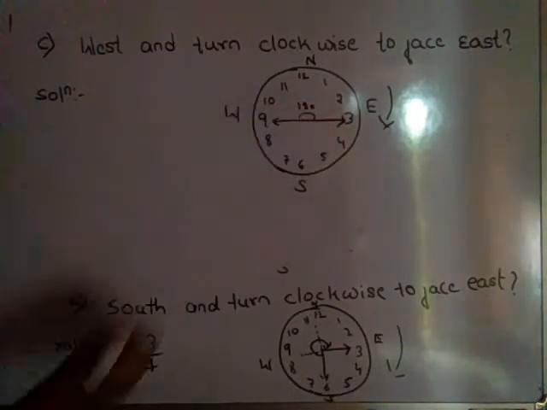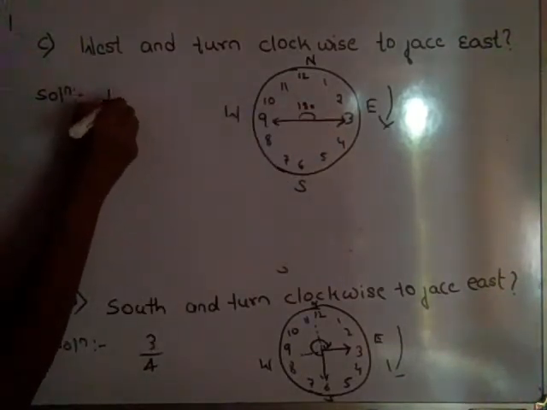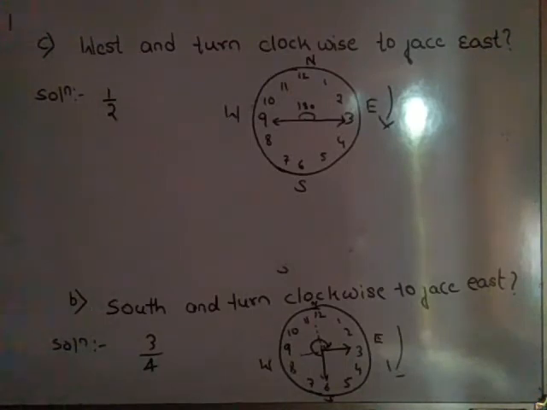Straight angle means that is half, yes or no? So half of a revolution he has made when he turns from west to east in a clockwise direction. This is about the third question. We'll move to the next one.